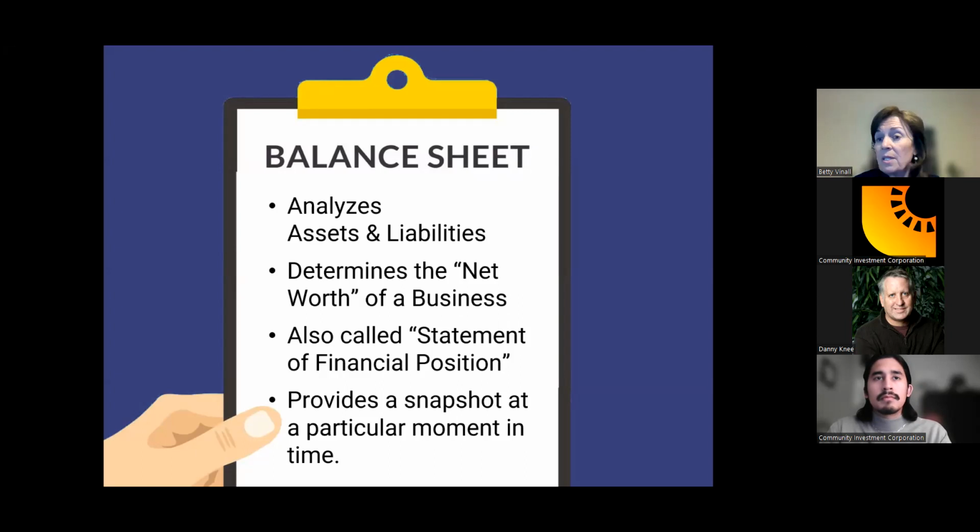The minute you create another transaction, your balance sheet changes. A profit and loss summarizes a period of time, whether it be a month, a week, a quarter, or a year. So they operate in a little bit different ways, but they tie together.